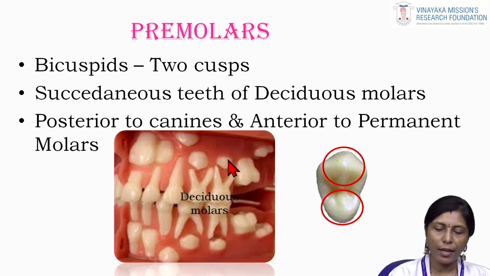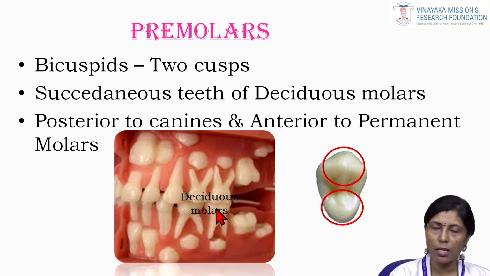So premolars, where will they erupt? In place of the deciduous molars, premolars will erupt. You can see premolars forming within the jawbone here. So premolars are nothing but the succedaneous teeth of deciduous molars. For premolars, the predecessors are deciduous molars, and the succedaneous teeth of deciduous molars are premolars.